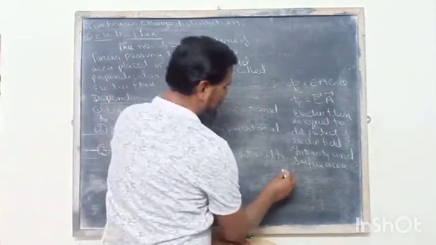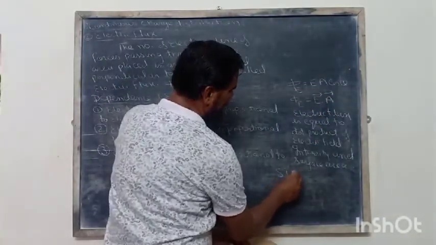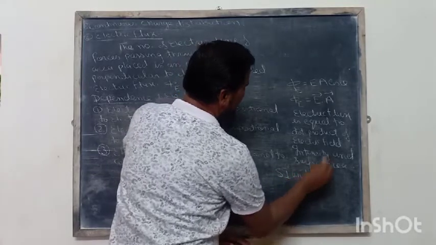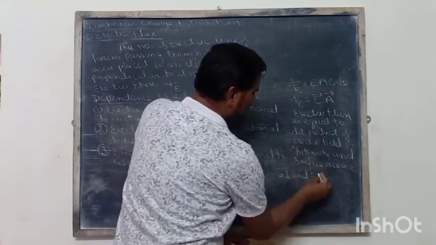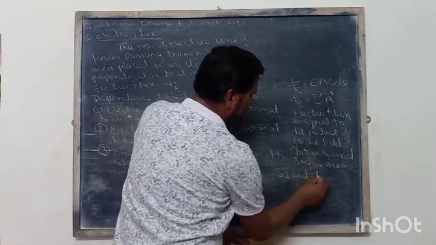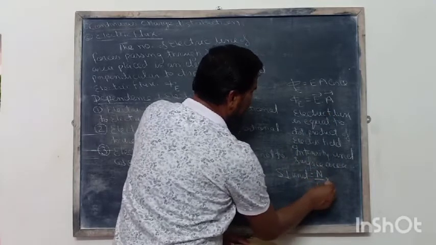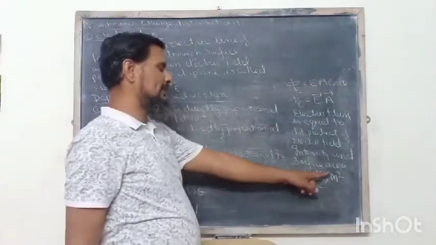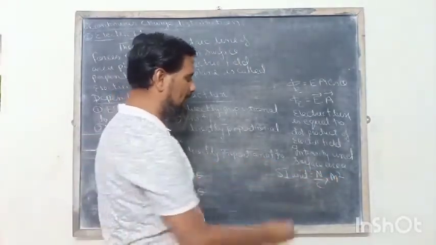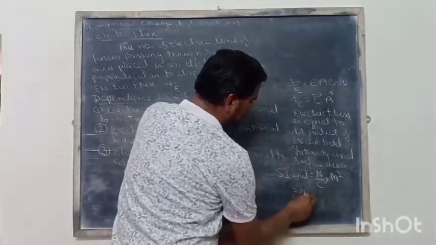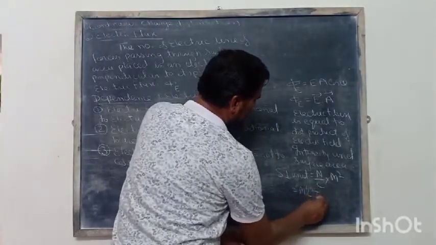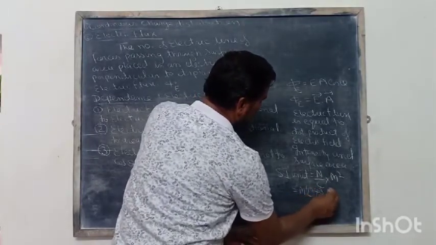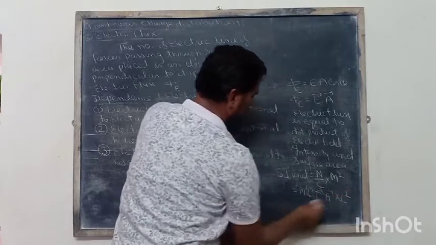Now we shall discuss the SI unit. The SI unit is the unit of electric field intensity, Newton per coulomb, times the unit of area, meter square. So the unit is Newton meter square per coulomb. For the dimensional equation, we know that the electric field is M1 L1 T minus 3 A minus 1, multiplied by L2.